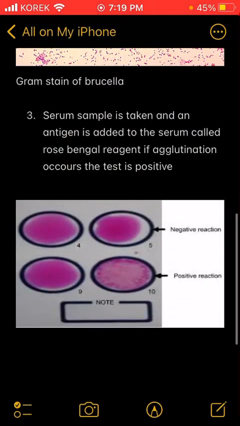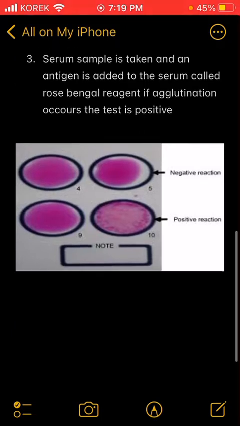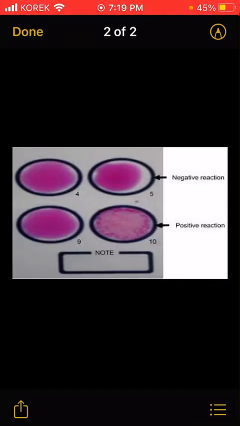And the third type of test, as I said, is the Rose Bengal test. How is it done? Serum is taken and Rose Bengal reagent is added to the serum. If agglutination occurs, the test is positive. Here serum is added on each well, and after that we add Rose Bengal reagent on both.